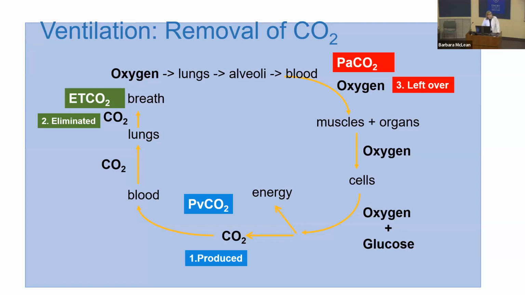The number one reliable bedside sign, and that's only if you have a calibrated and effective end-tidal CO2, the number one reliable sign of pulmonary embolism, number one, is end-tidal CO2 is down and arterial CO2 is up.